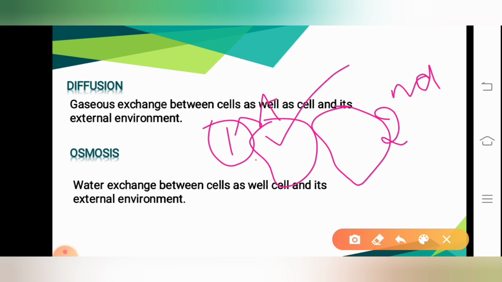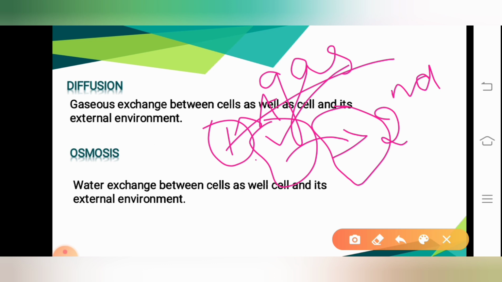If this cell has the higher concentration of gas inside it, this cell sends the gas to the cell which has the lower concentration. I repeat, the cell which has the higher concentration of gas will exchange the gas toward the cell which has the lower concentration of the gas.